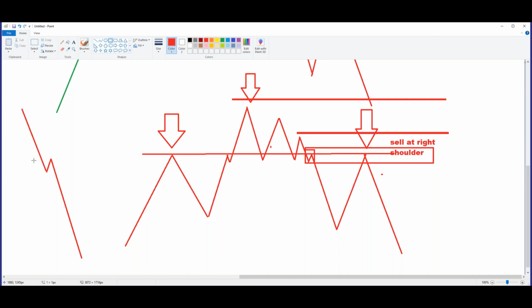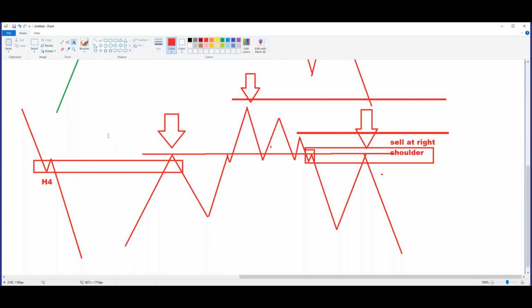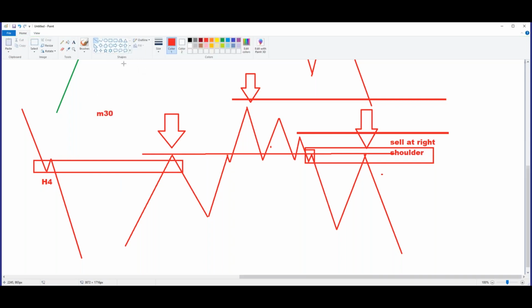Let's suppose that you can see a drop base drop at a higher time frame, maybe H1 or H4. But if you turn to M30 or a smaller time frame, sometimes you can find something very detailed like this. You have a drop base rally, and then you have a rally base drop.